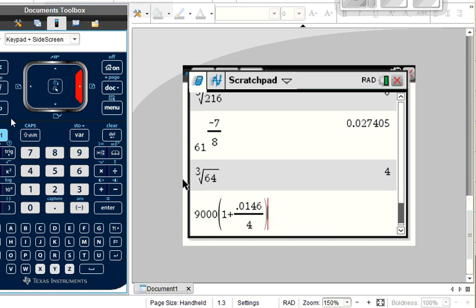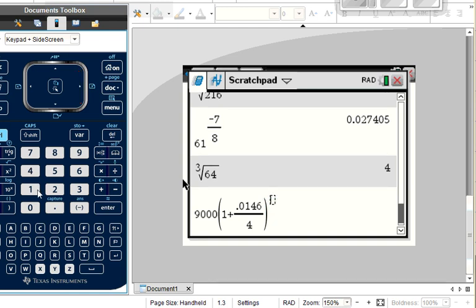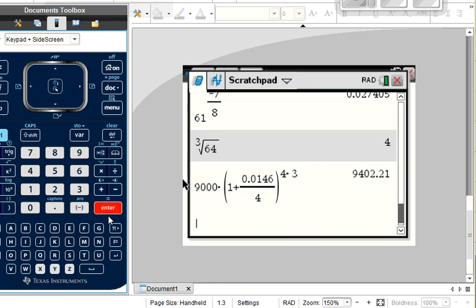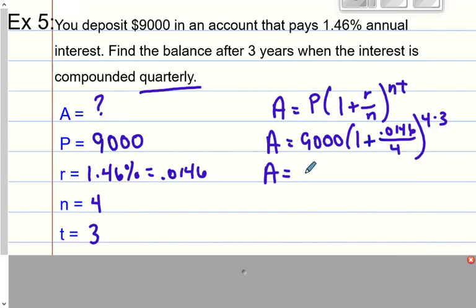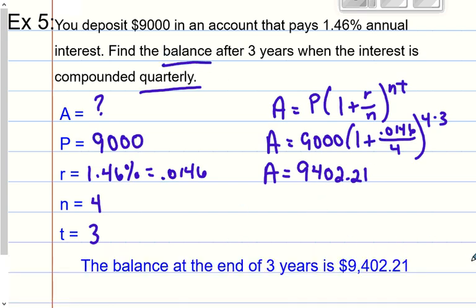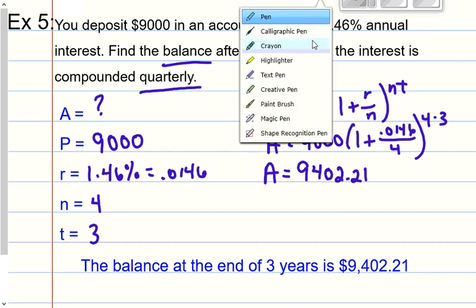And then make sure you're outside of the parentheses before you do your exponent, and that's going to be 4 times 3. Press enter. You get 9,402.21. That is going to be our balance after our 3 years compounded quarterly.